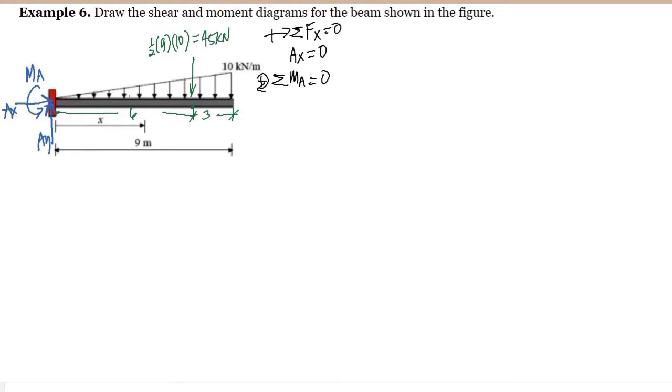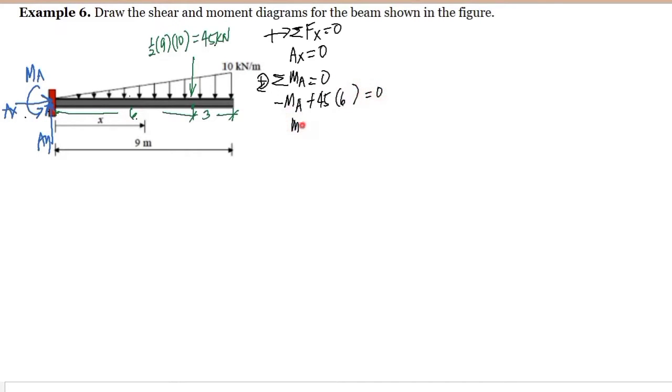Okay, so first we have here the moment at A, and we assume that it is directed counterclockwise, so this is negative. Then this 45 kilonewton here will rotate clockwise, so it is positive. Multiply by the moment arm. The moment arm from the point A is 6, and this is equal to 0.